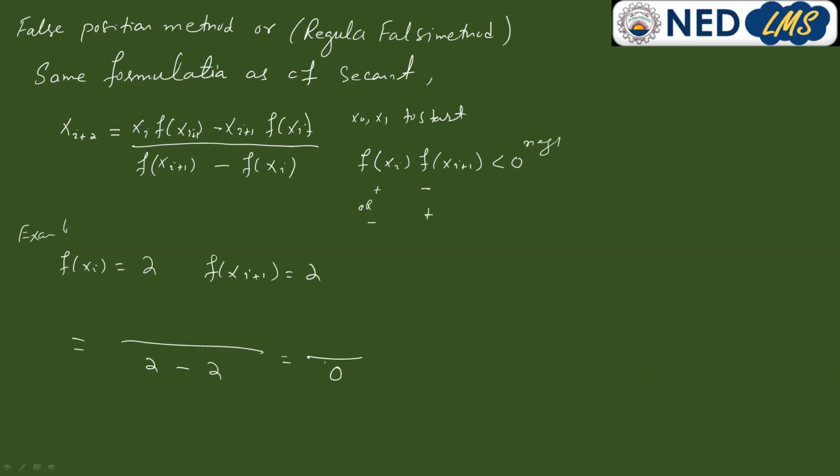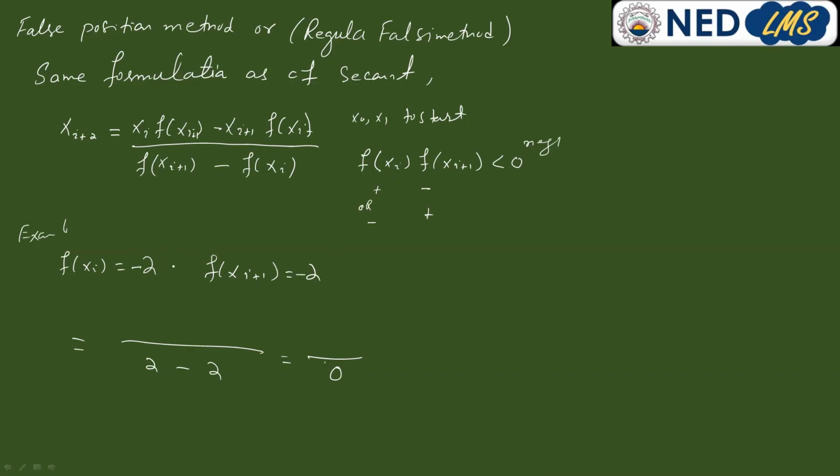So this means the method fails, because in this case we cannot ensure this condition, since we need to have different signs. So if I have ensured this condition and I'm using xi and xi plus 1, then if one is 2, the other must be minus 2.